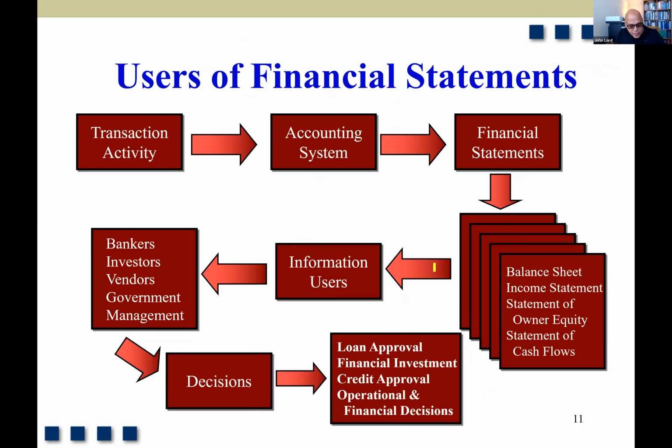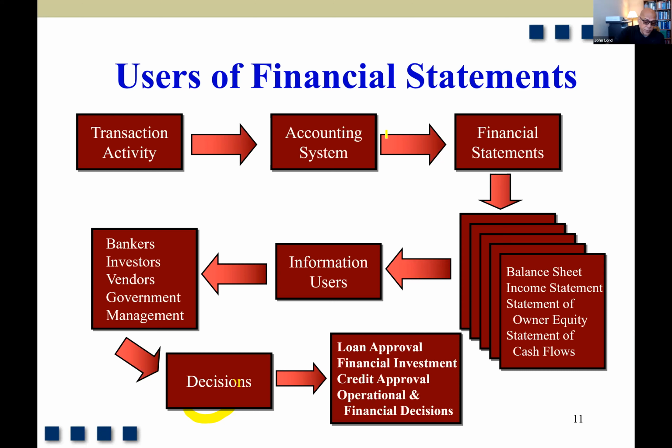Now, when we take a look, you can see that these external users are making the decision, they're talking about loan approval, they're talking about, should I buy the stock? Different operational, financial decisions. All of these things are decisions that come off of the information that's contained in the financial statements that we've been talking about.